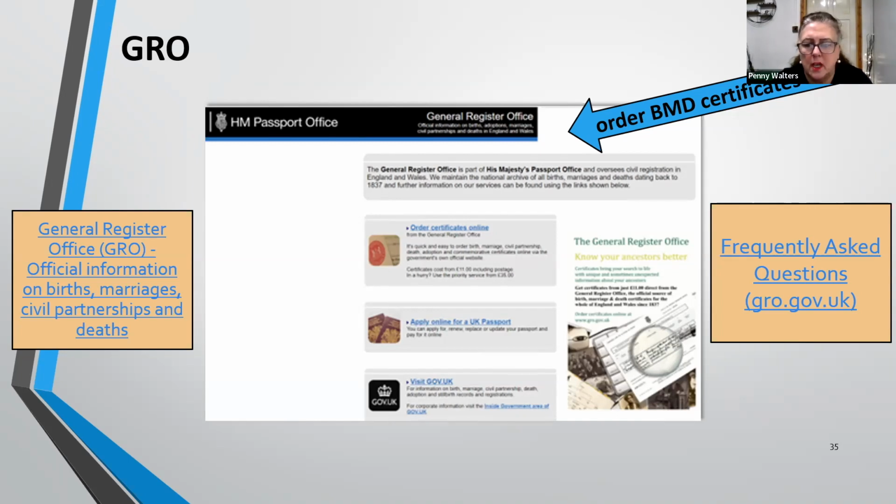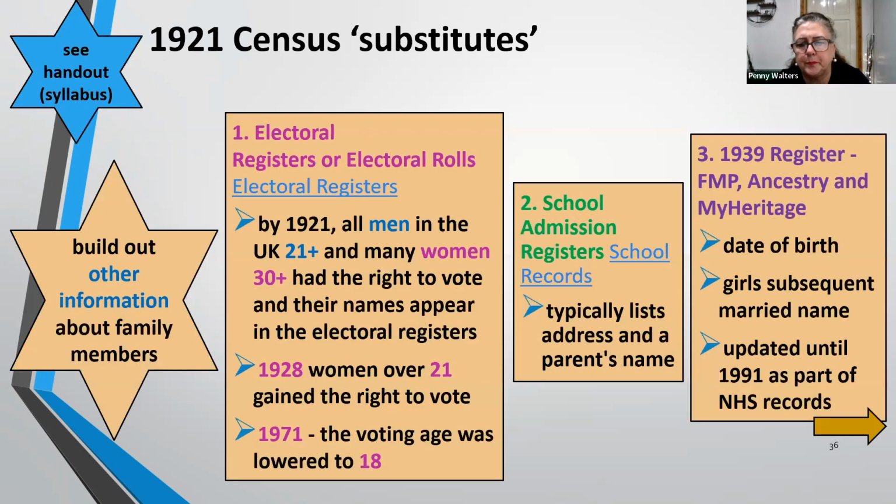It's not as cute as the paper certificate, it's just a clipping, but it gives you all the information you'd be looking at. I spend a bit more and get the certificates because everybody's in a file and I quite like it. If you go through Ancestry, for example, they charge you an admin fee. So this is a useful tip: order birth, marriage, and death certificates from the GRO.